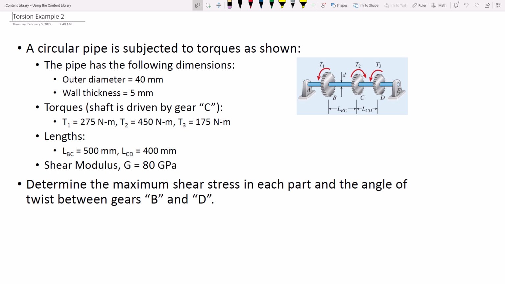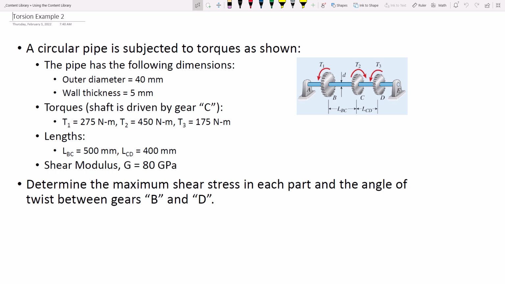We have an outer diameter of 40 millimeters and a wall thickness of 5 millimeters. We've got 3 torques applied, so we're going to have to break out some section cuts. The shaft is driven by gear C. Gear C is supplying a torque of 450 Newton meters, and following the right-hand rule, it goes this way, so here's T2.